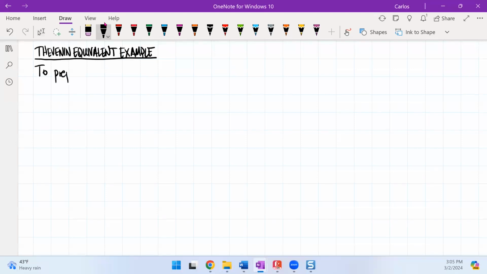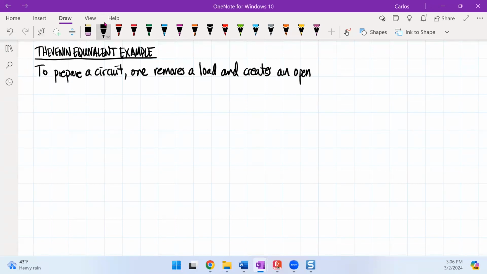To prepare a circuit, one removes a load and creates an open at nodes AB. So our circuit looks like this.